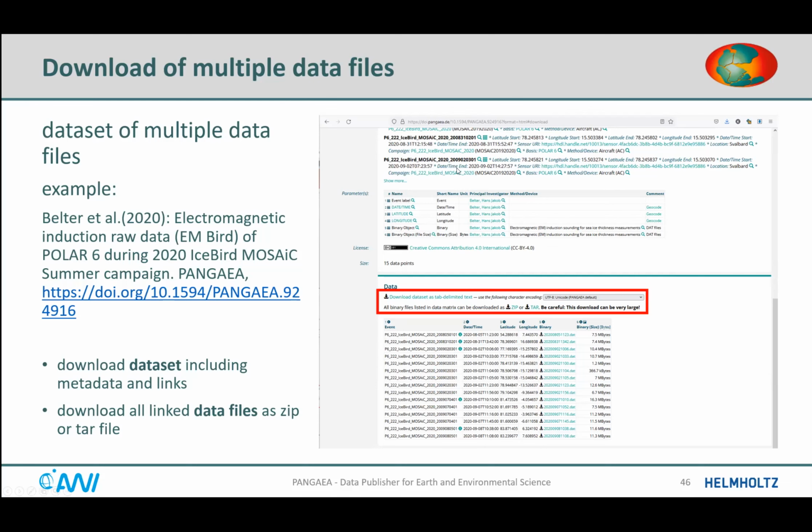Here each flight is an event, so you can see the name of this specific flight, where it has started, where it has ended, and the time range it has covered. There's also a sensor URI link, with very specific detailed information on the device that has been used for measuring.